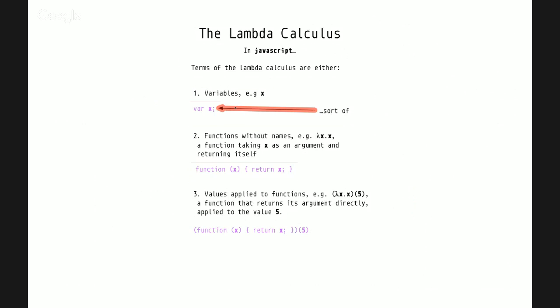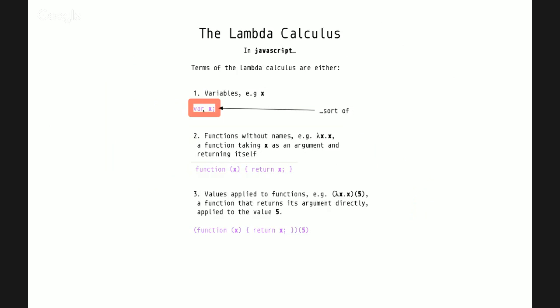I think variables in the lambda calculus are not necessarily like this. The problem with var is that it defines a globally scoped thing, or a scoped thing in general. And in the lambda calculus, you can't really do that. You're not going to follow a sequential pattern. So saying var x really doesn't have any meaning at all.